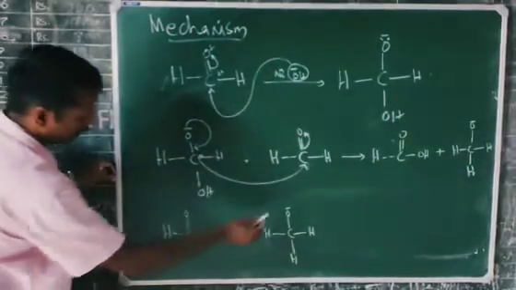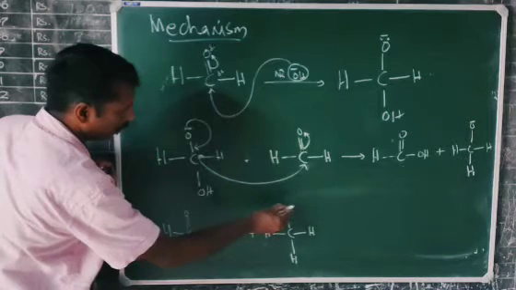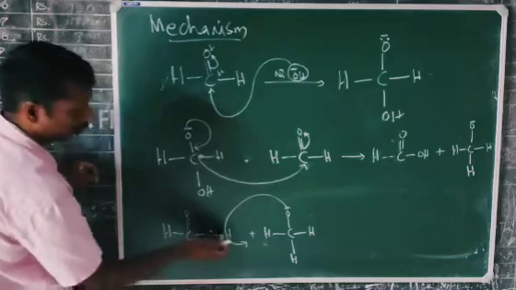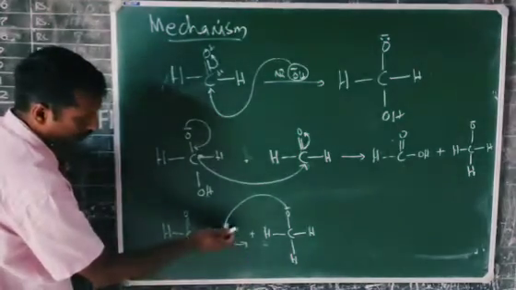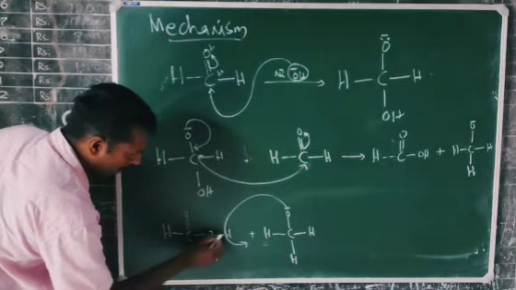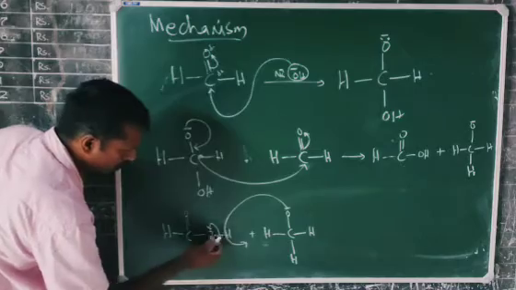Now you can see the negative charge on the oxygen, this pair of electrons on the oxygen, will abstract a proton from the OH group. At that time what will happen to this bond? This bond, a pair of electrons, will shift to oxygen.